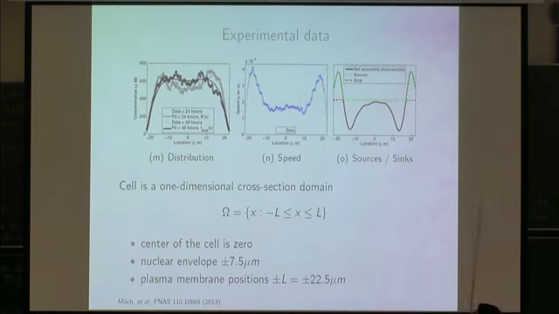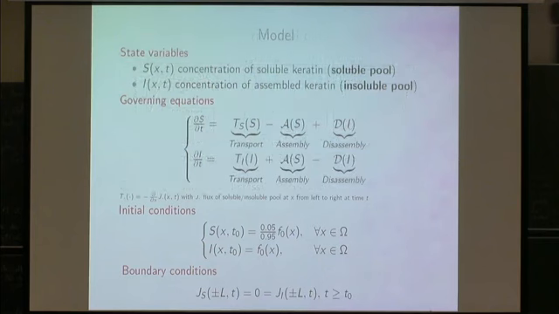So those are the data we are going to use, plus the speed and also the preferential areas of assembly and disassembly. And now, if we want to form a very simple model at a macroscopic level to try to understand the interplay between the reaction and the transport.